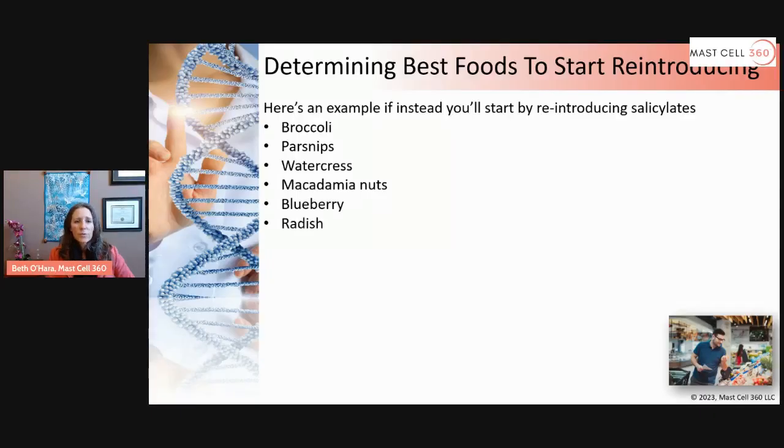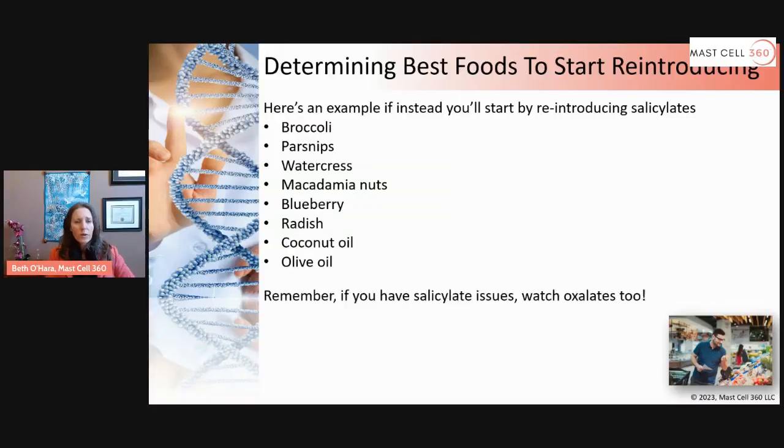Some blueberries, some radishes, coconut oil, olive oil. Olive oil might have just a smidge of histamine for some people. So keep in mind, if you have salicylate issues, don't choose things that are high oxalate, because oxalates will compound salicylate issues. So that's why I said on the macadamias, keep them to 5 or 6 nuts.